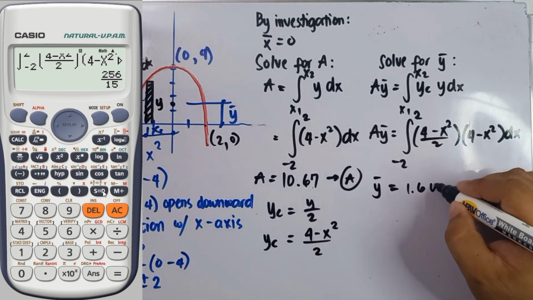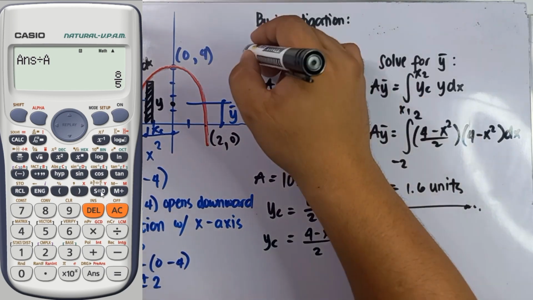And the centroid is at the point (0, 1.6).